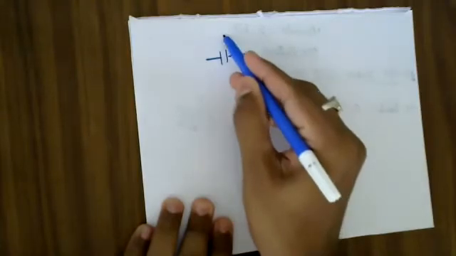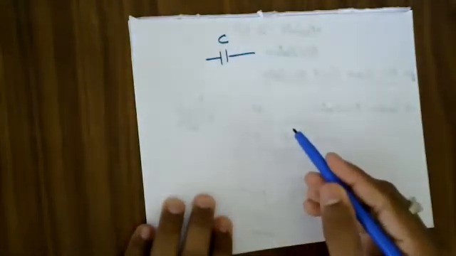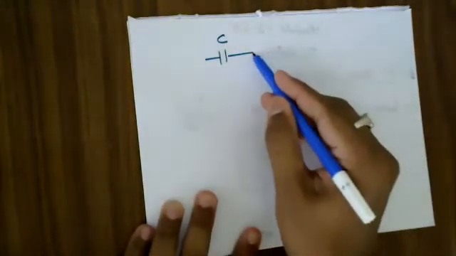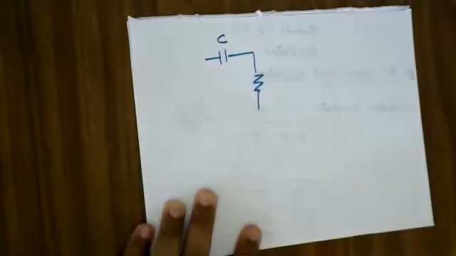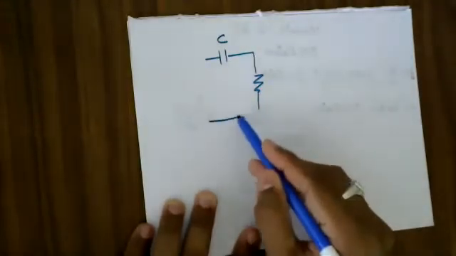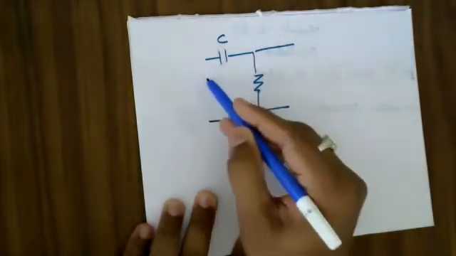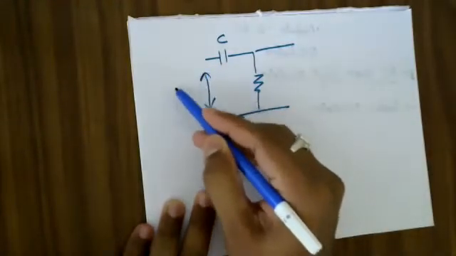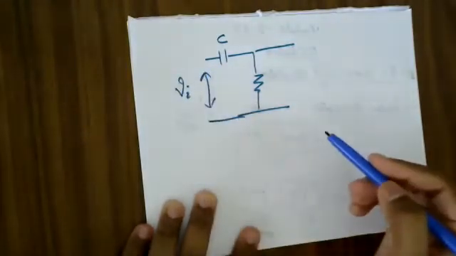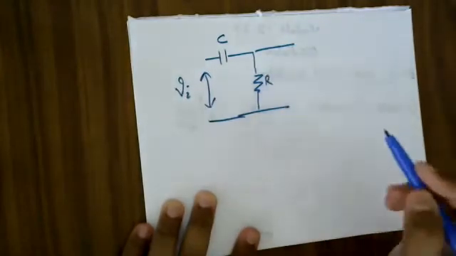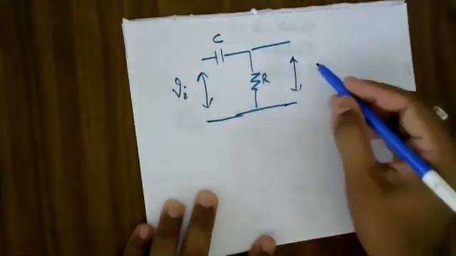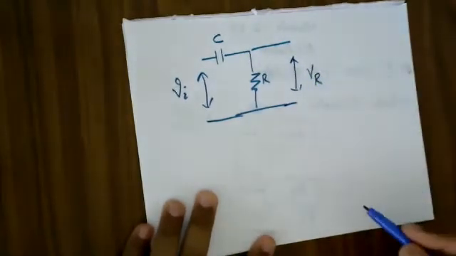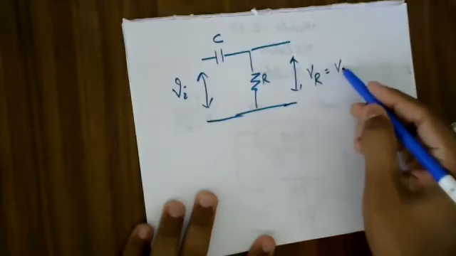So this is my component C, and I'll have my resistance over here. This RC circuit is nothing but a simple series RC circuit, frankly speaking. And here I'll apply my input voltage. So this is my VI. This is a resistance R, and the voltage drop across the resistance R is itself my output voltage.